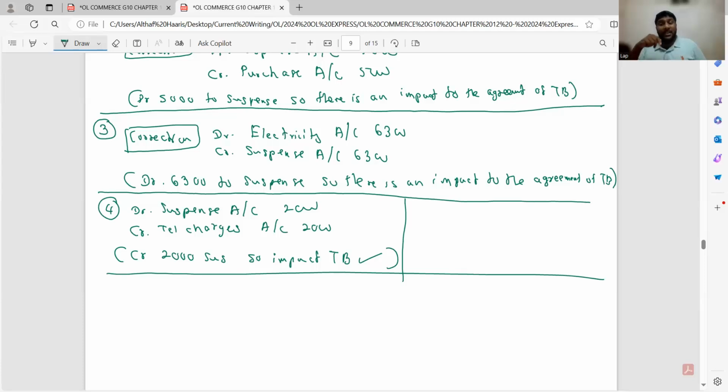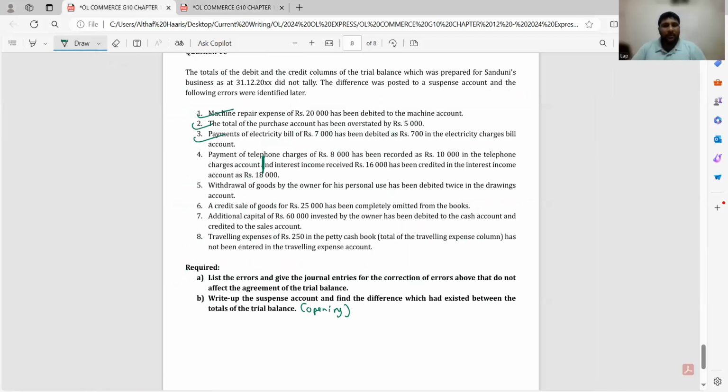Then correction will be there on the debit side. How much is that? 2,000, no?